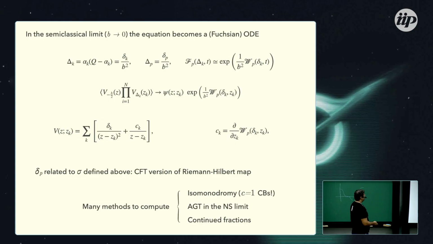It's a generic argument that hasn't been proved mathematically with rigor, but it's expected to be the case that this conformal block will exponentiate. So it will be written as the exponential of some semi-classical action of Liouville. It seems to be the case here. At least you can compute this and verify this order by order that it behaves like this.